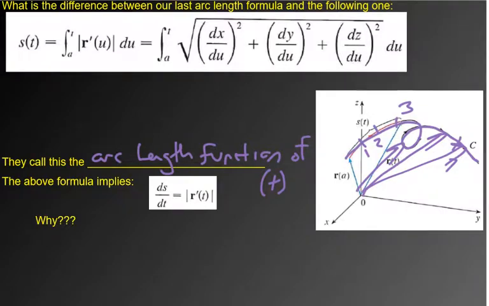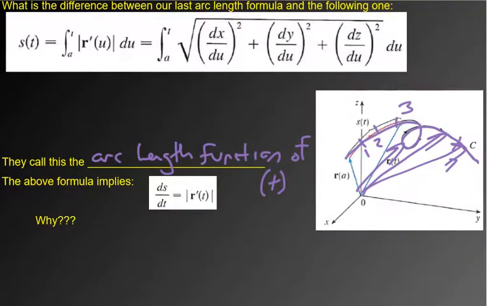And this is something that's kind of unrelated right now, but I wanted to show it. We're going to study these curvature formulas in a second here, and there are 2 of them. And not today, but next video, I'm going to show why those 2 formulas are the same. An important part of that is going to be understanding why ds dt is equal to the magnitude of r prime. It's not too hard to see.